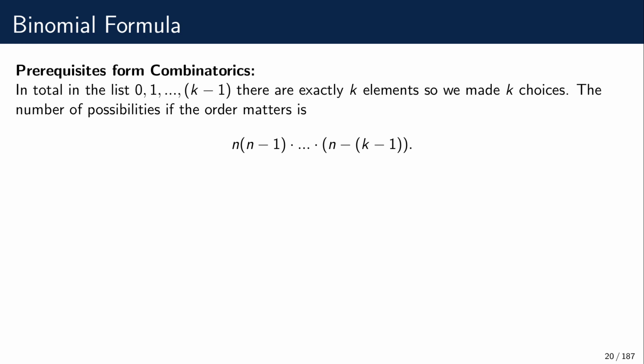It doesn't matter if I chose, for example, John to be the first and then Sam to be the second. It only matters who's on the team, who the players are. And then, since the order doesn't matter, we need to divide by the number of possible permutations, the possible orders in which I choose them.